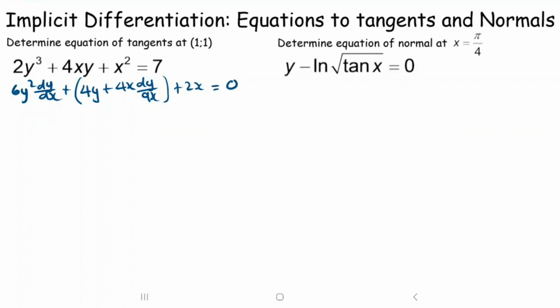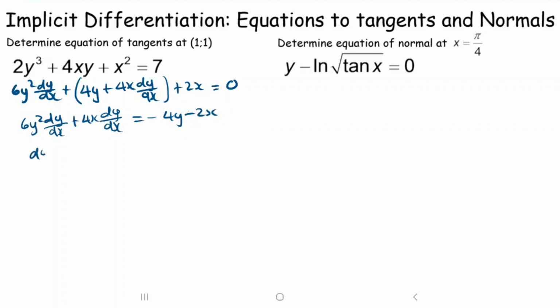So what we want to do is keep dy/dx as subject of the formula. So we're left with 6y squared dy/dx plus 4x dy/dx, and then we'll take all the other terms to the other side, minus 4y minus 2x.